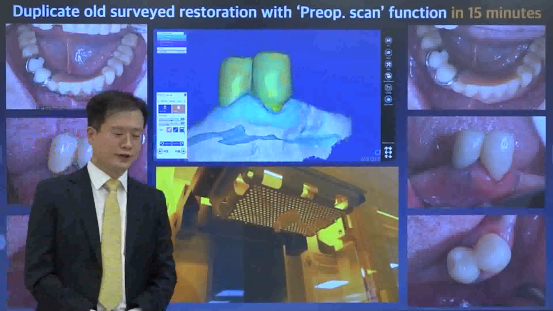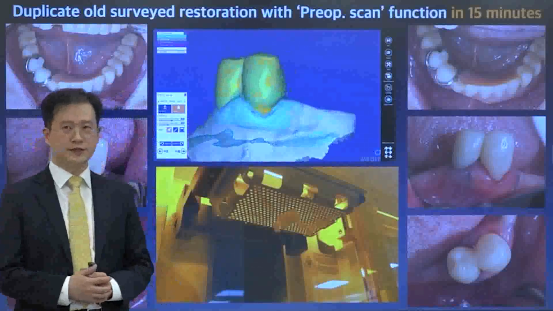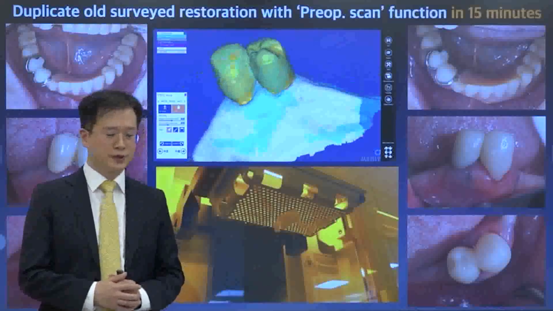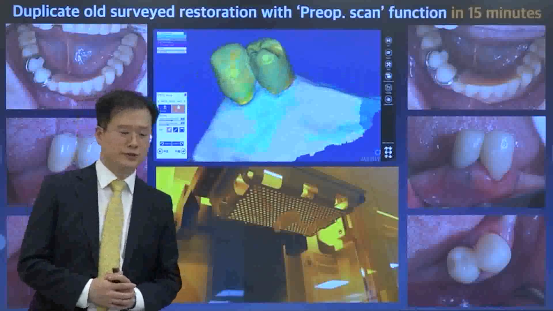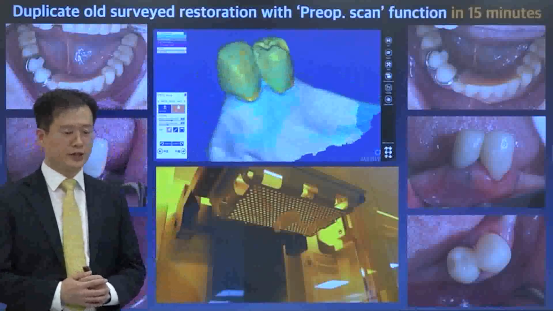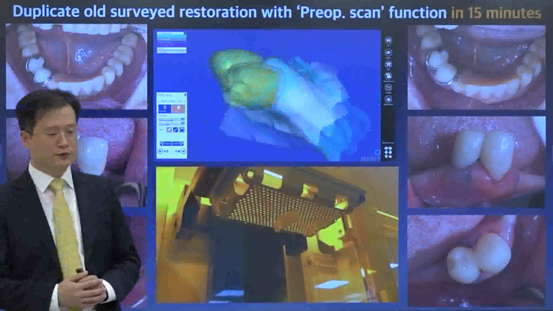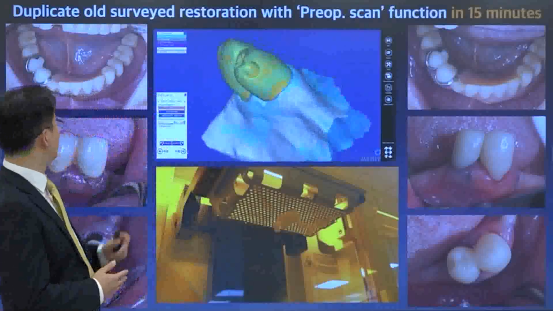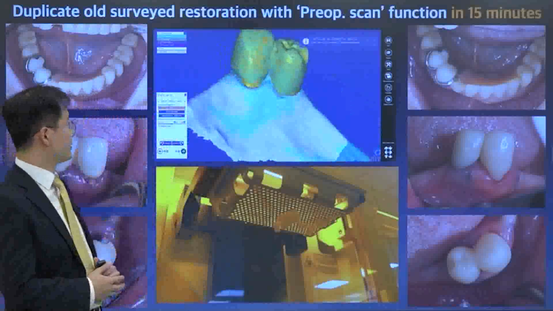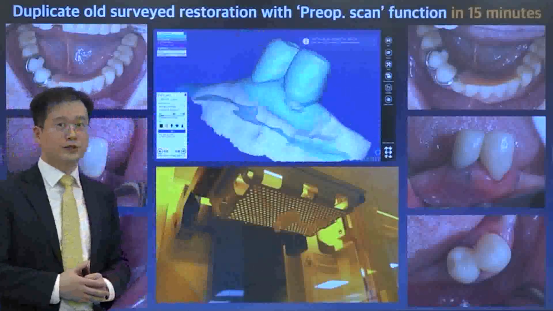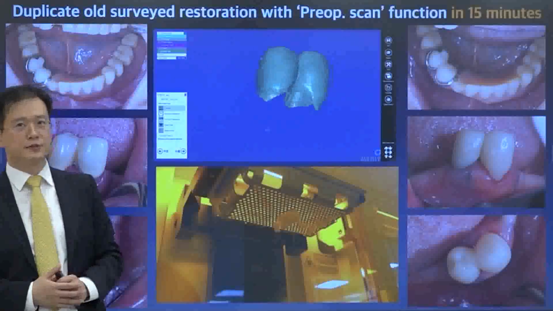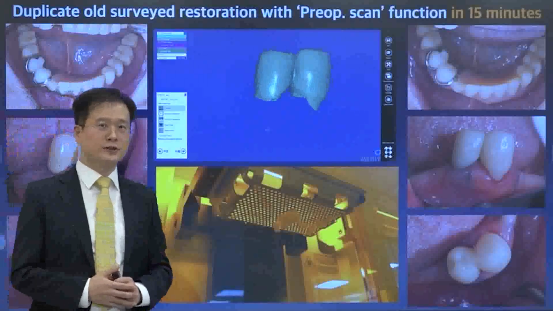Even with complicated cases such as a retrofit for RPD, you can minimize error and reduce the time for adjustment by this sequence. I met a patient who needed to replace a survey restoration because of secondary caries.